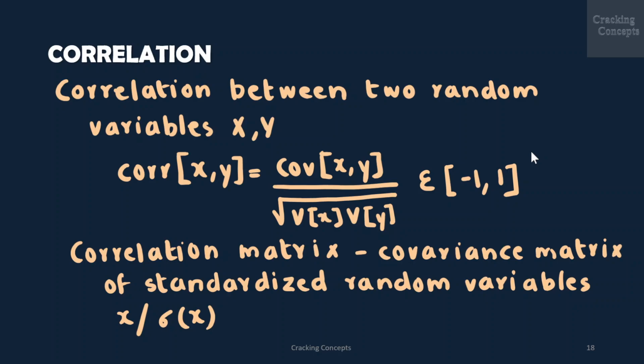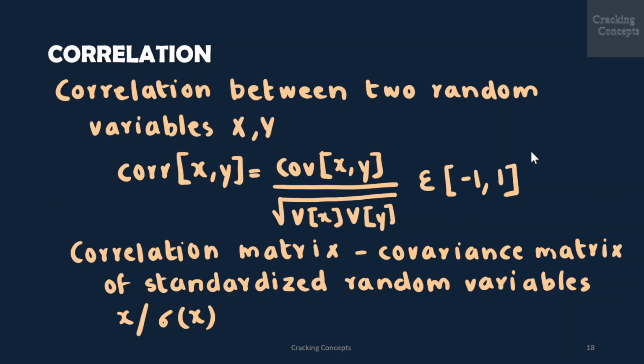Correlation between two random variables x, y is given by correlation of x comma y, which is written as covariance of x comma y divided by root of variance of x into variance of y, whose value will be in the range -1 to 1. Correlation matrix is the covariance matrix of standardized random variables x by sigma of x.